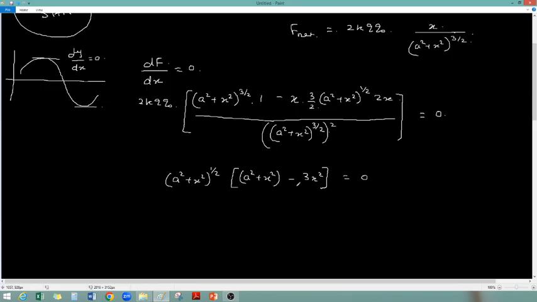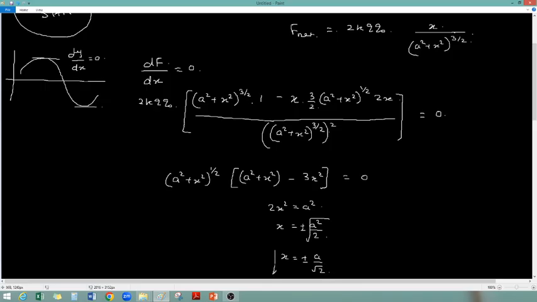Simplify this. You will get 2x squared is equal to a squared. So x is equal to square root of a squared by 2, so x is equal to plus or minus a by root 2.